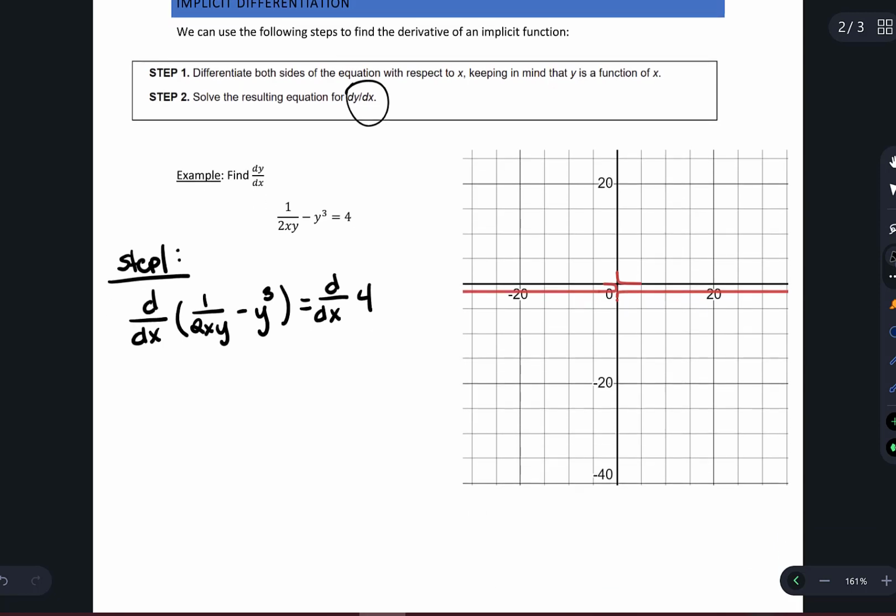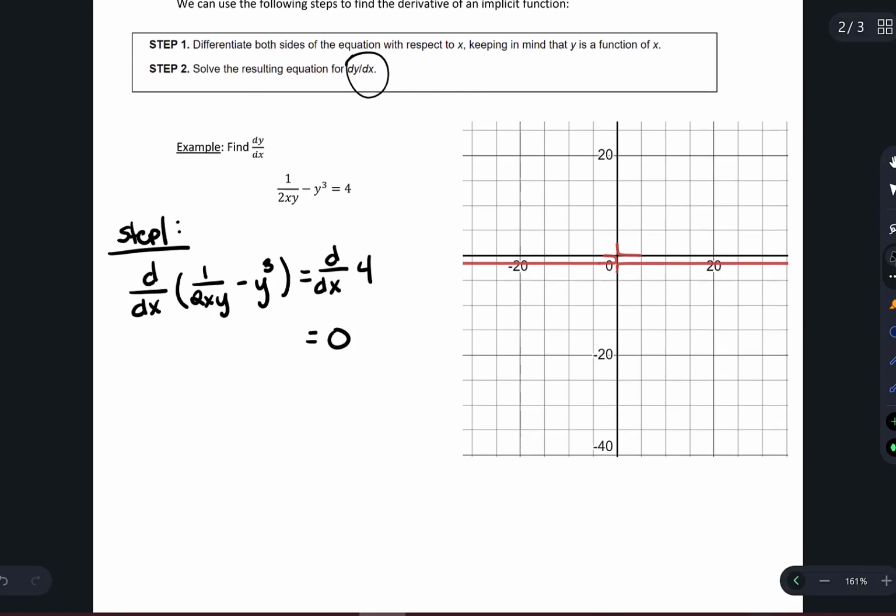Now we know that anytime we take the derivative with respect to x of a constant, that's just going to be 0. So the right hand side of this equation is equal to 0. Now it's possible that on the right hand side it won't be equal to 0, and you'll actually see an example in the homework like that.